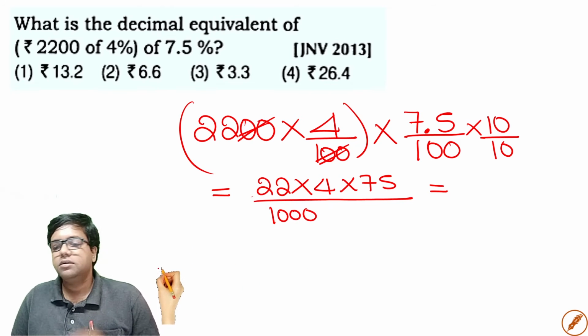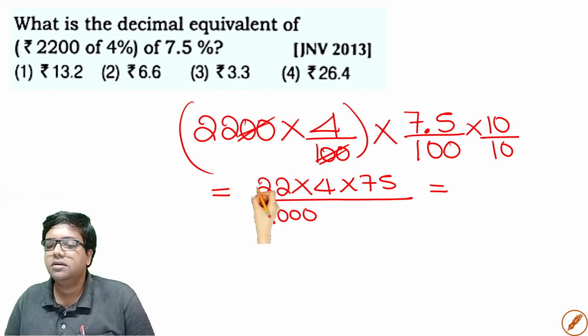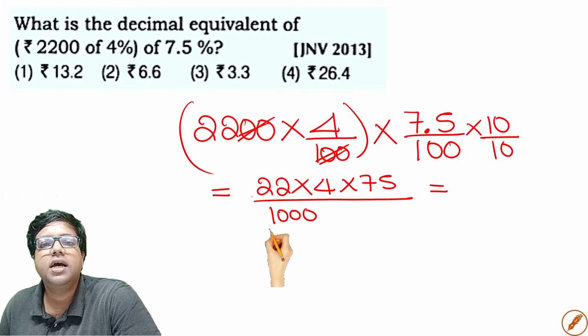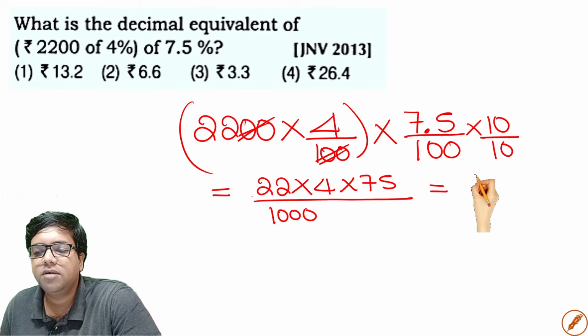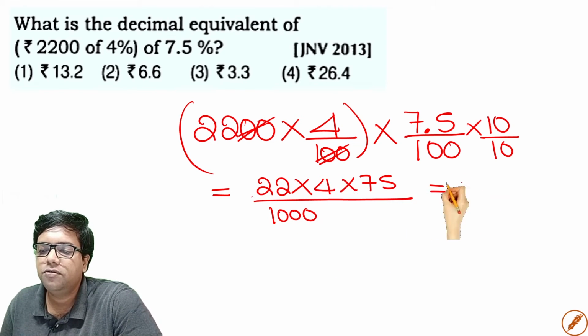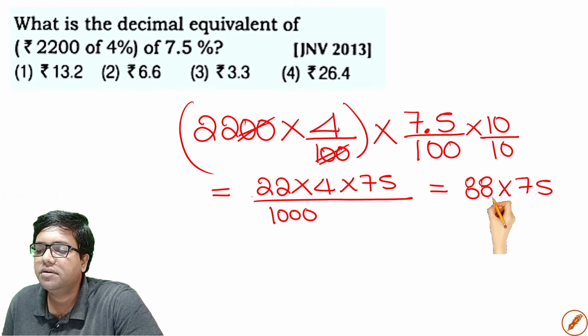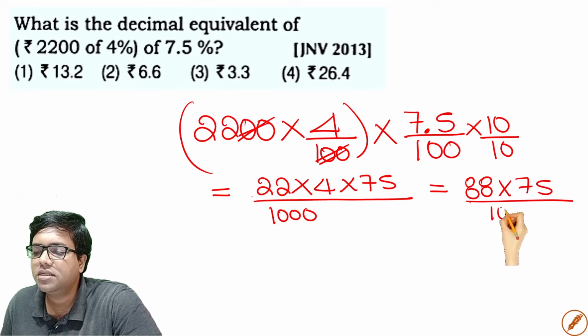We don't have to do the division. Let the 1000 be as it is in the denominator. Let's multiply what is in the numerator. 4 2s are 8 and 4 2s are 8, so 88 into 75, and by 1000 is always there.